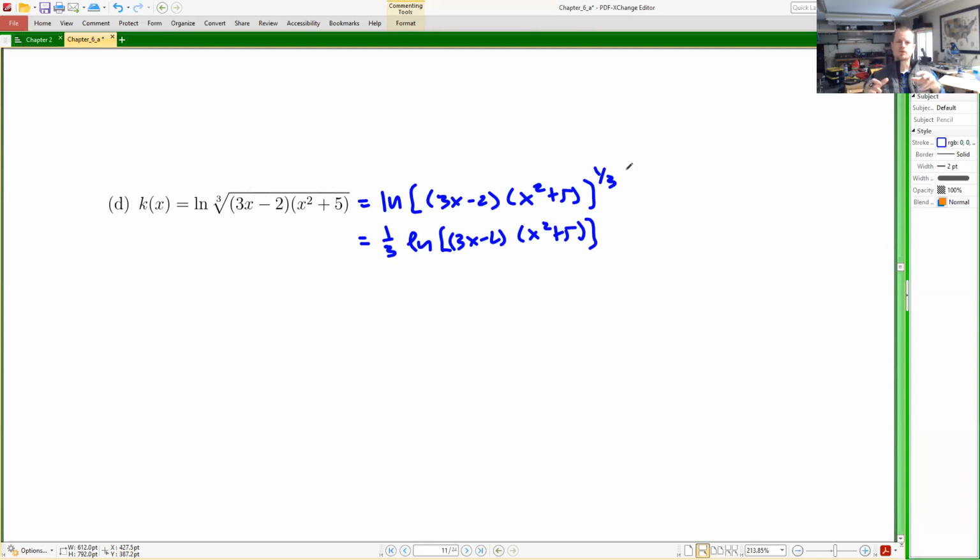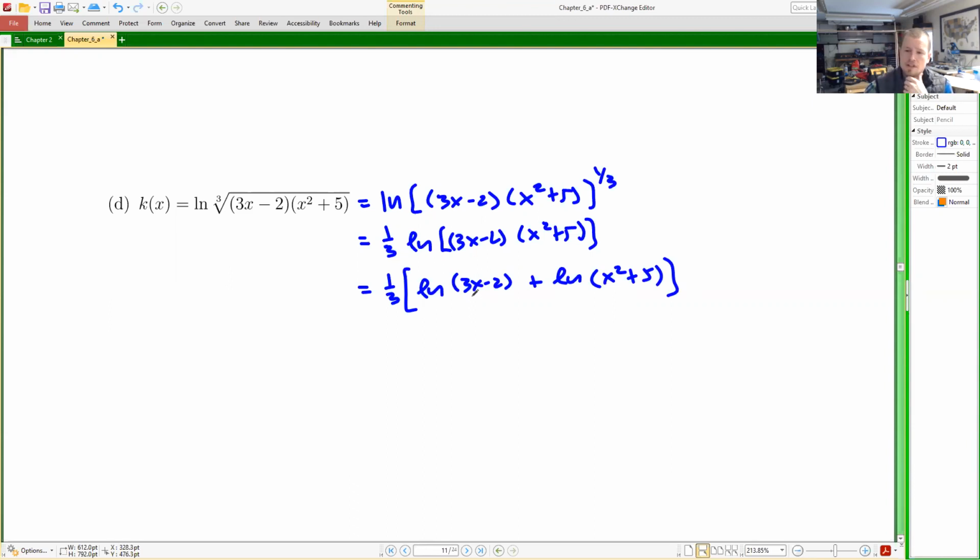And then we use the property that a product inside the logarithm is addition outside of the logarithm. So we have 1/3 times the natural log of 3x minus 2 plus the natural log of x squared plus 5.